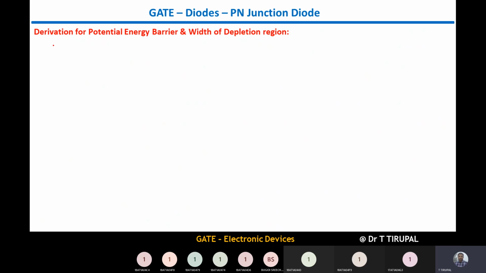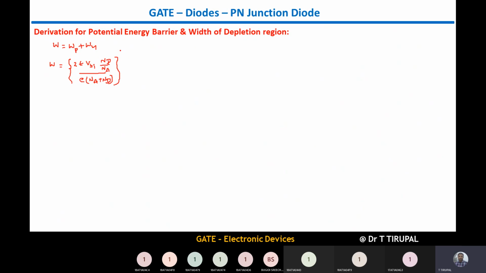Total width W is equal to WP plus WN. Substitute here. What do you get? W is equal to, WP is 2 epsilon VBI ND divided by NA, whole divided by E into NA plus ND, whole power 1 by 2.